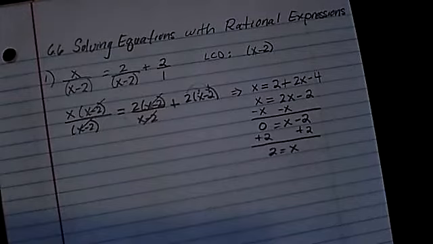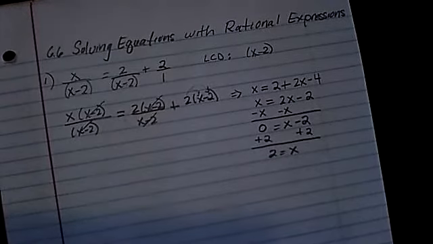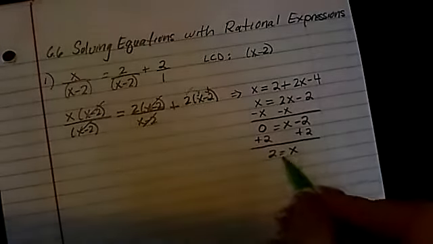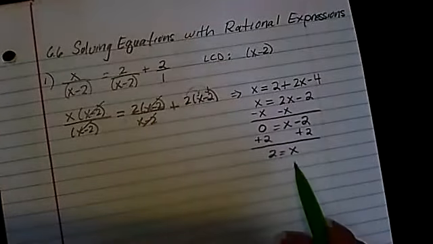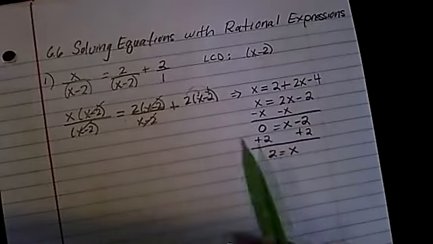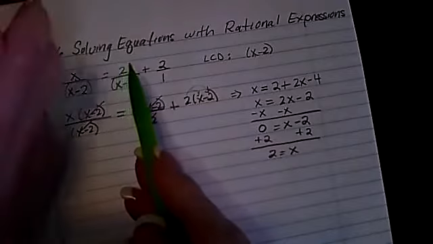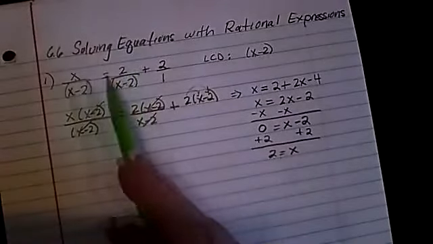Now, we didn't really talk about this on the last part, when we just talked about expressions, but now that we have an equal sign in there and we're solving, we want to be sure that our answer works. If I substitute this back in for x here and over here, they should equal each other.